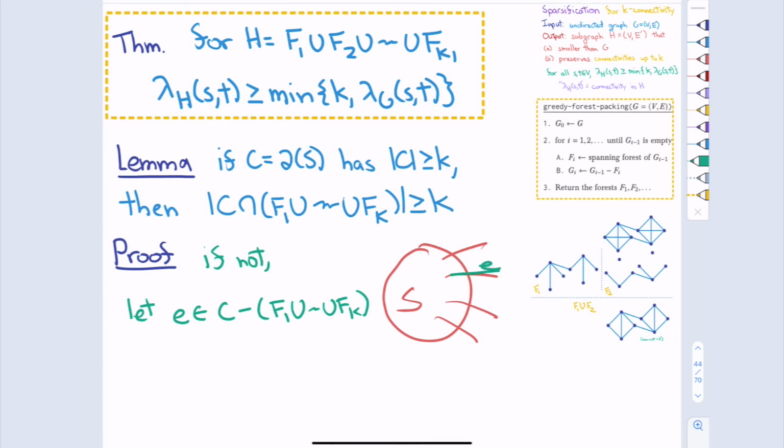Now each forest was a spanning forest, right? So if E is not in the first forest, it must at least be spanned by F1. If E is not in the second forest, it's still spanned by F2.